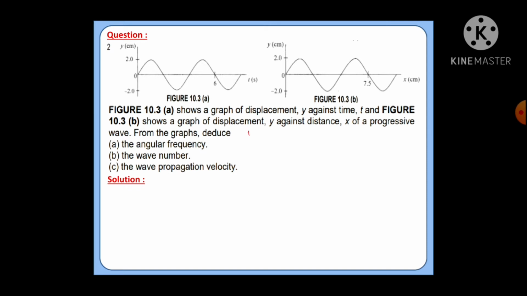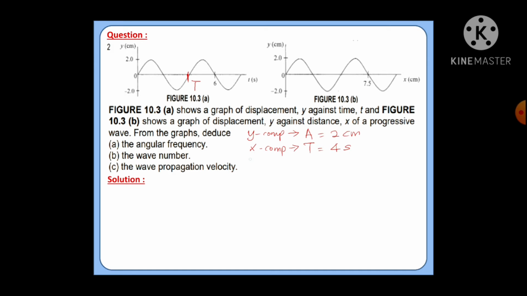From the first graph, at the y component we get the amplitude, which is equal to 2 centimeter. The x component of the first graph is the time, so we get the period. Referring to this point, which is 6 seconds, our period is actually equal to 4 seconds.